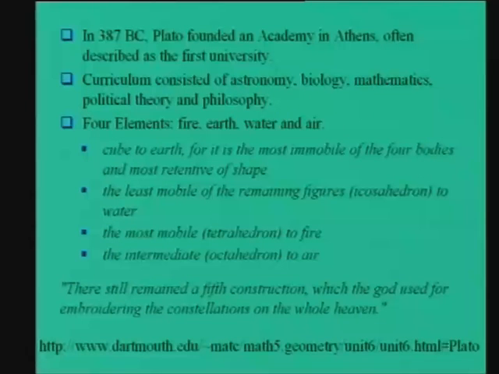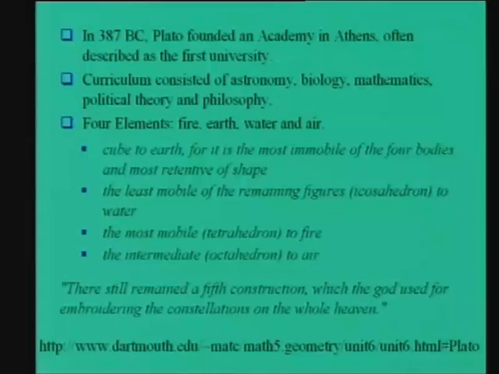For example, he thought that earth can be imagined as a cube. I really do not know why he thinks that way, but the reasoning he gives is that it is the most immobile of the 4 solids among those Platonic solids. So he thought earth could be the cube, and so on for the 4 of them.